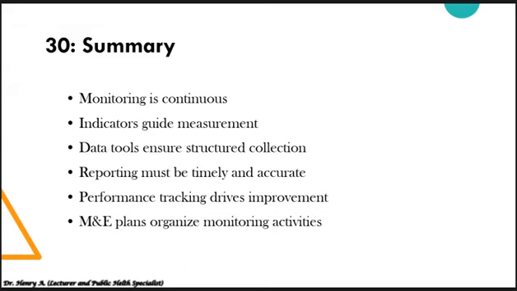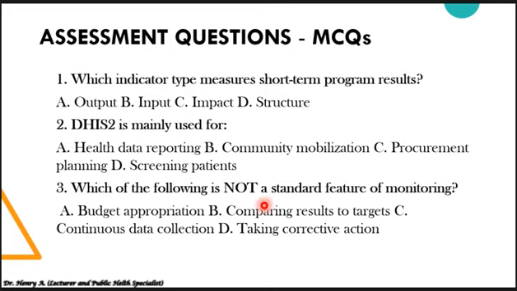Let's see the assessment questions, just a few of them. Which indicator type measures short-term program results? Of course, that is output. Short-term program results, output. The DHIS is mainly used for what? Of course, health data reporting. We've said that again and again. Which of the following is not a standard feature of monitoring?